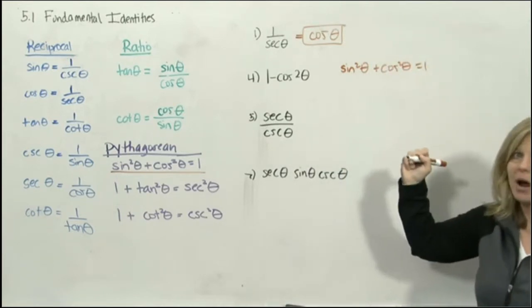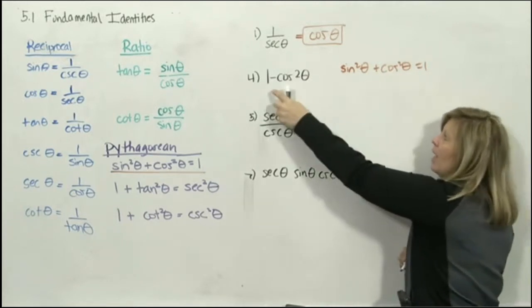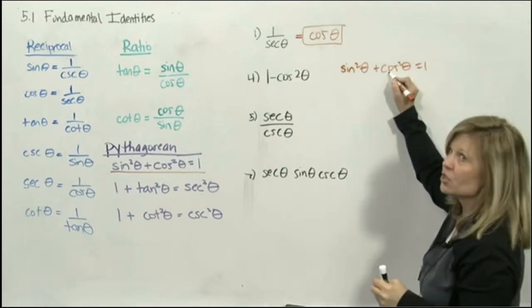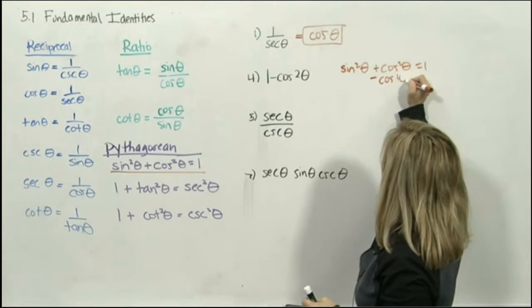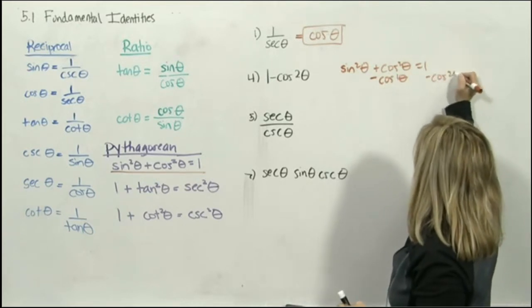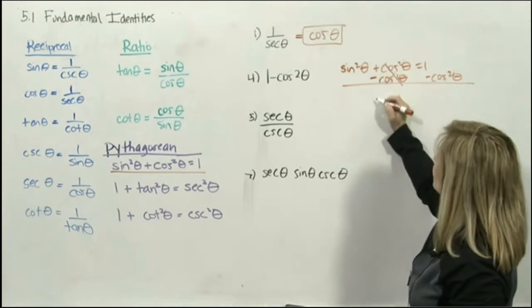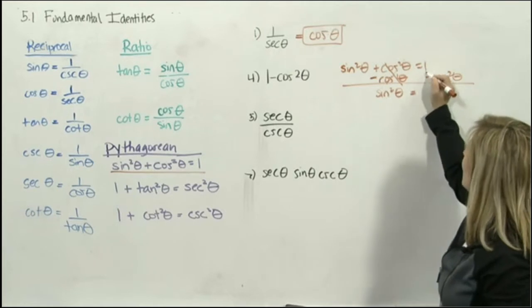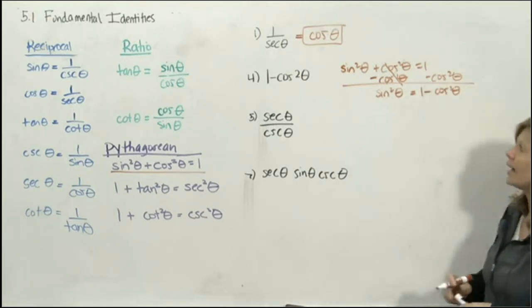We have that memorized. How can we make this equation have 1 minus cosine squared together? We can move this cosine squared over to the right side by subtracting. Right? The cosine squared thetas would cancel, and that would leave us with sine squared theta on the left, and that would equal 1 minus cosine squared theta on the right.